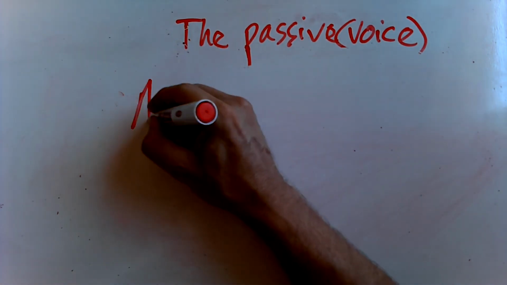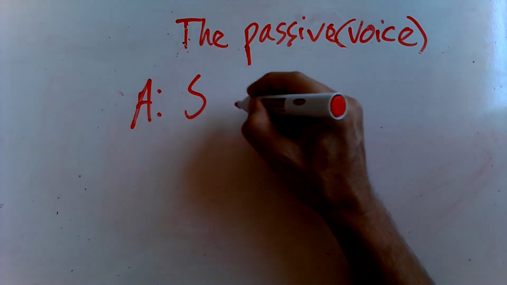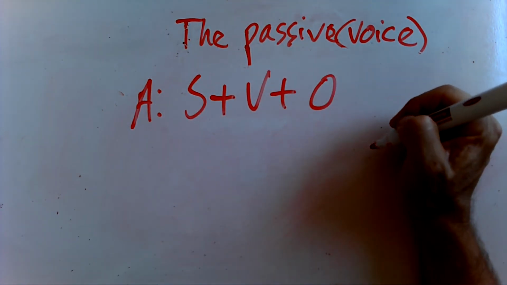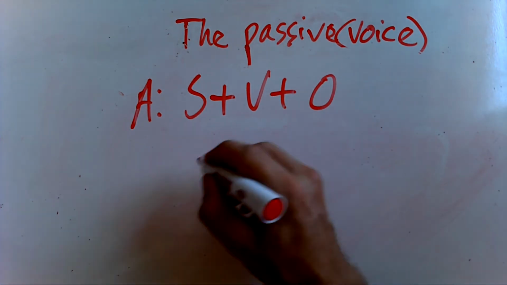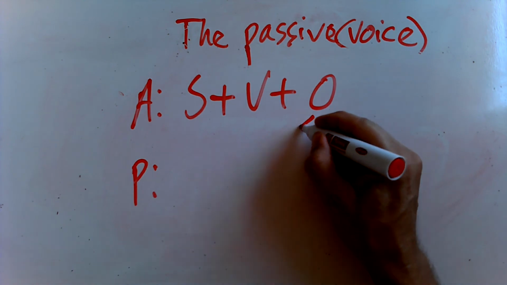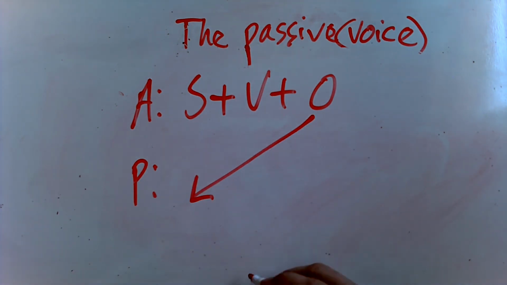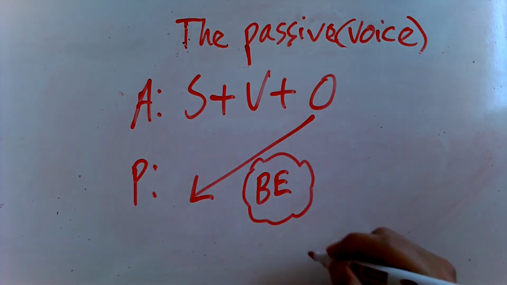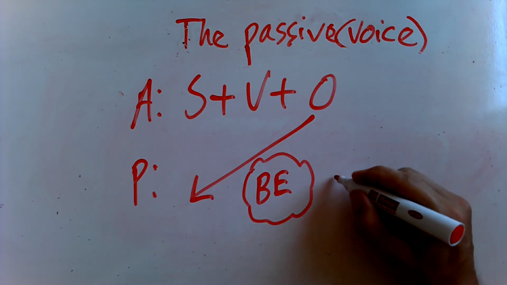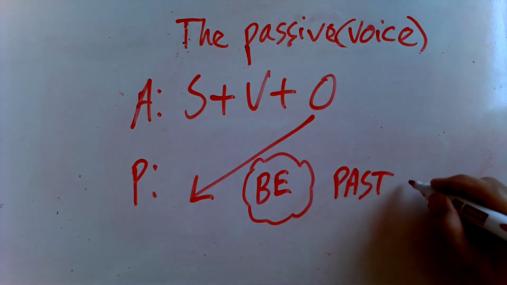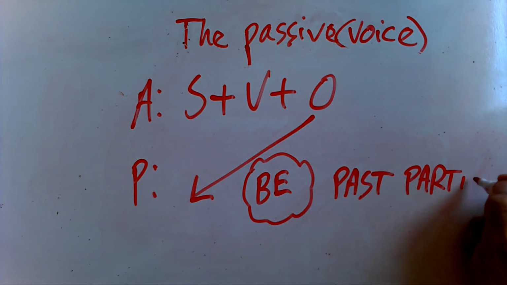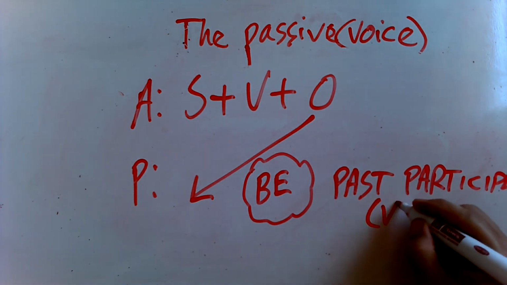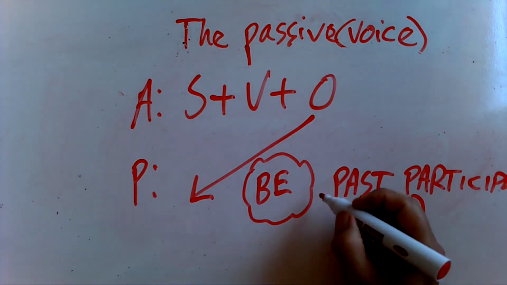So an active sentence: subject plus verb plus object. Okay. In a passive sentence, the object moves to the beginning of the sentence, then we add some kind of form of the verb to be, and then we have the past participle, or the third form of the verb, at the end.